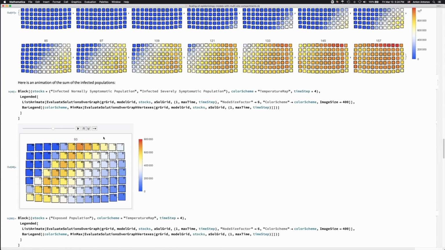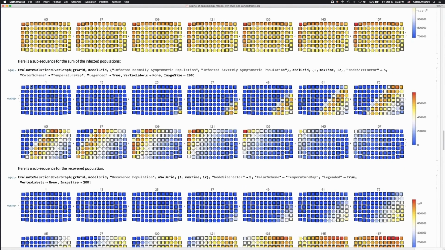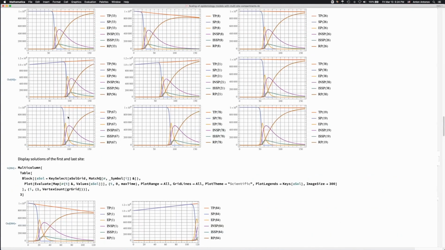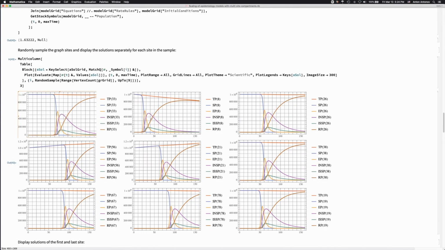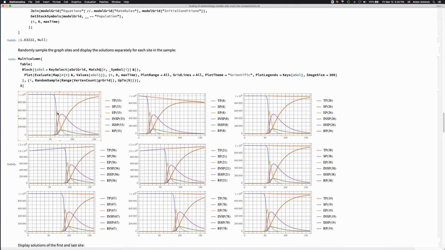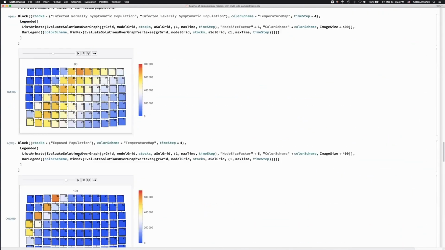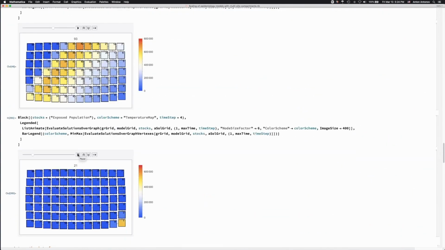Again, this makes sense if we look at these plots here, say for the first site or any of these sites, the exposed population, this is the one here, right? It has a much sharper profile than the infected ones. And so again, this is to build confidence in the model we have.